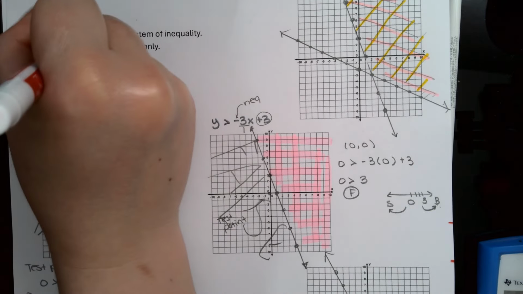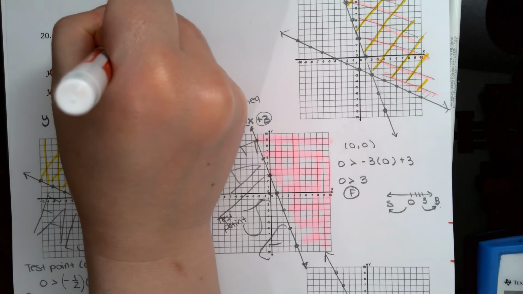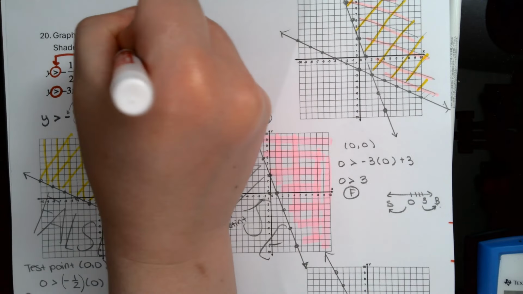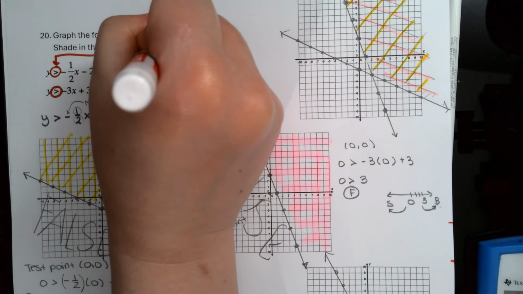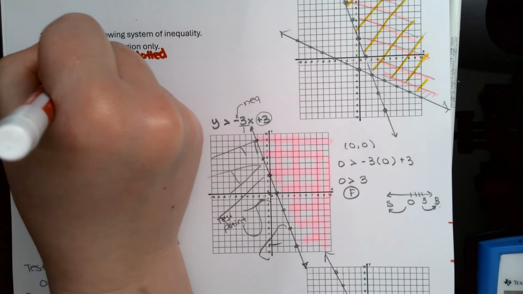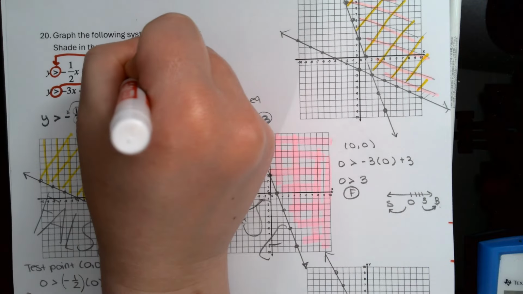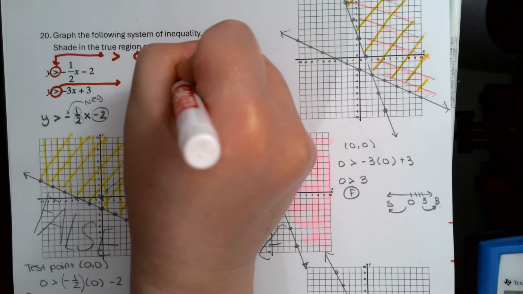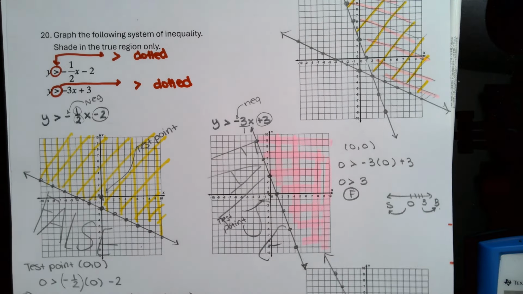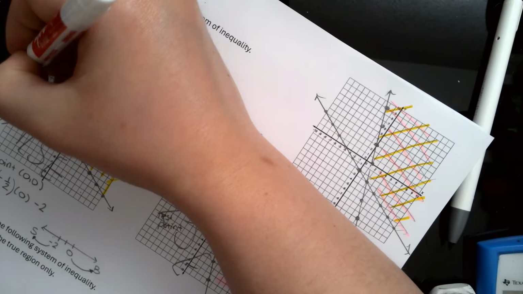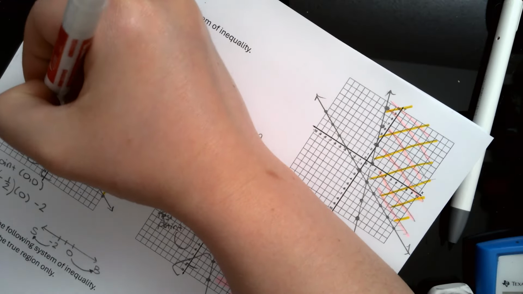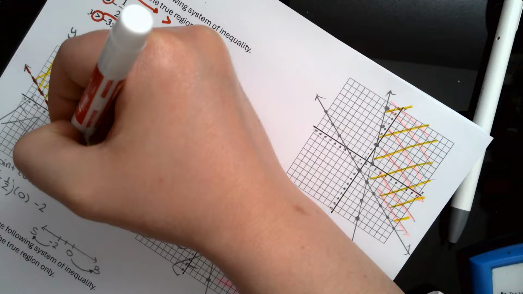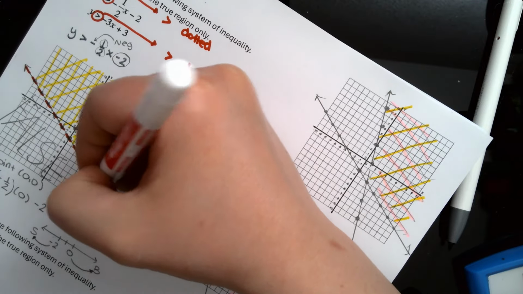So these are just greater than, which means that we're going to have a dotted line. Notice how there is no "or equal to." So on all of these right here, I need to go back and fix it and do a dotted line, not a solid line.